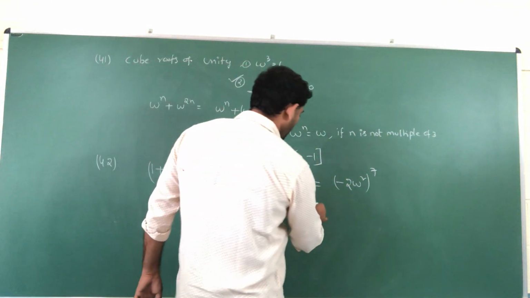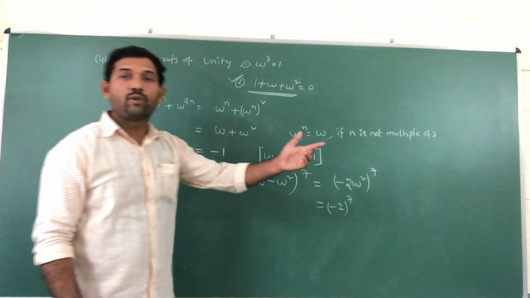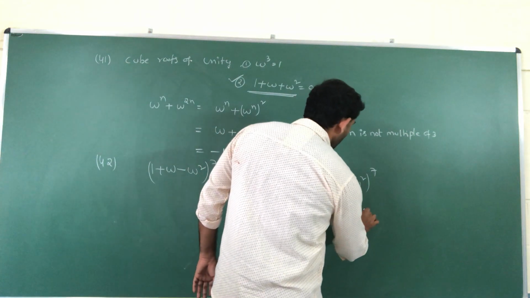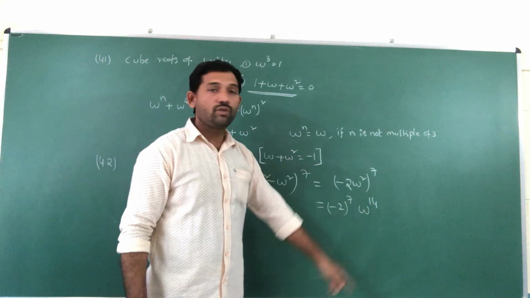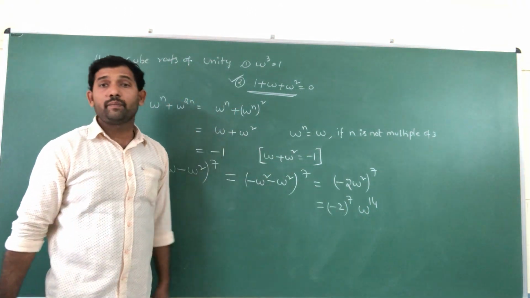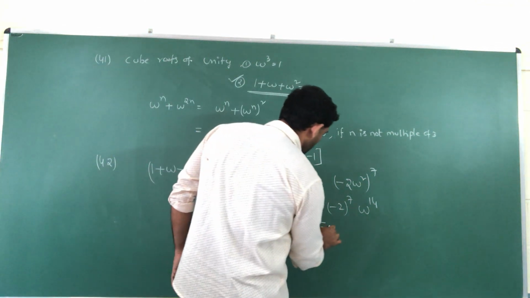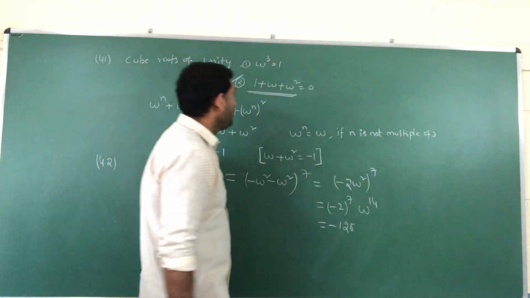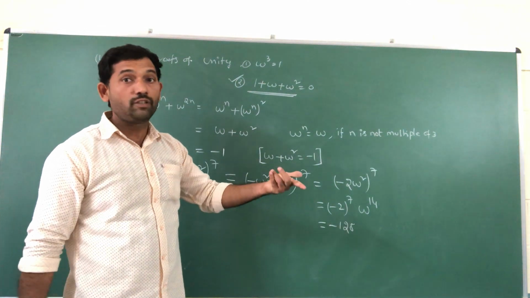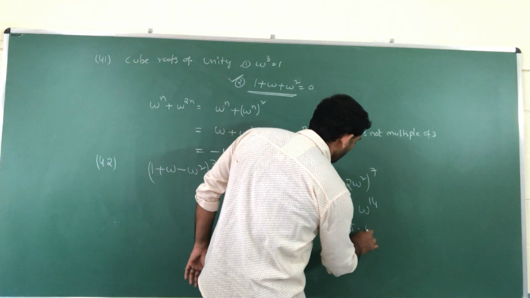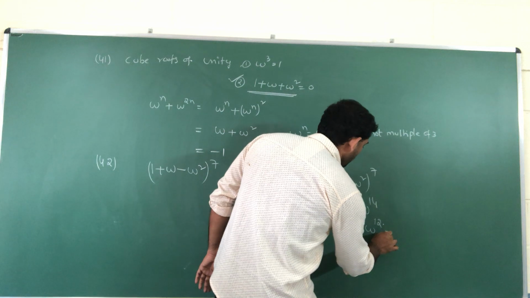Now calculate this. Minus 2 to the power 7 into omega square whole to the power 7, which means omega to the power 14. Minus 2 to the power 7 is minus 128. We already know omega cube is equal to 1, so multiples of 3 in the power always give 1. So omega power 14 can be written as omega to the power 12 into omega square.